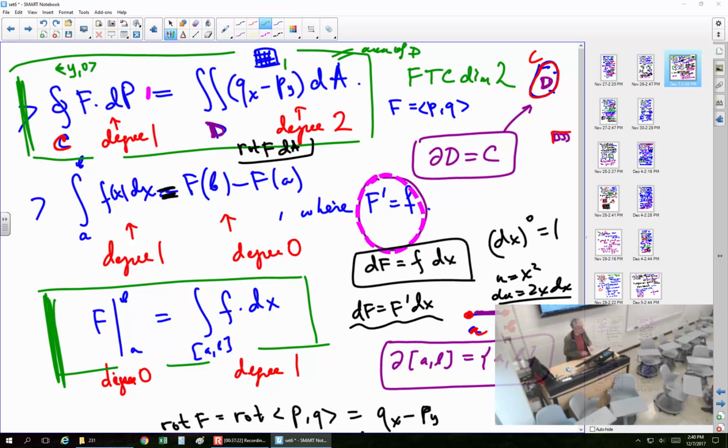So it's (-y, 0), then Py will be -1 and Qx is 0. So altogether, my integrand on the right will be 1. And indeed, my line integral of this kind of special vector field will give me the area of that region. So once again, taking a trip around this pond and doing these computations, the line integral will give me the area of the pond.